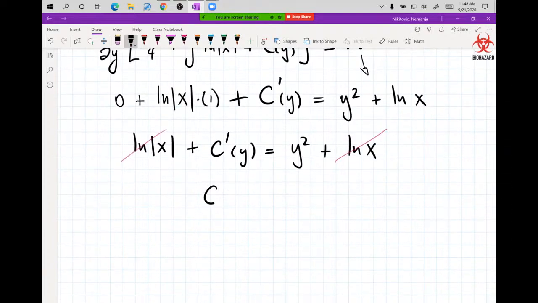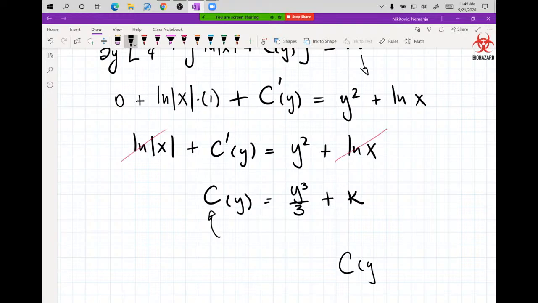When you integrate, you get c of y is equal to y cubed over 3 plus some constant k. I'm using k. You can use L. You can use whatever you like. Capital A, doesn't matter. Because c was already taken, even though it was a function before, it's a very slight move from c of y to c, so I don't want those to be confused.